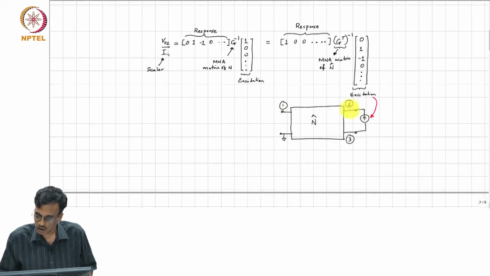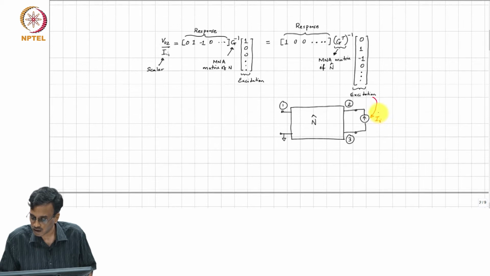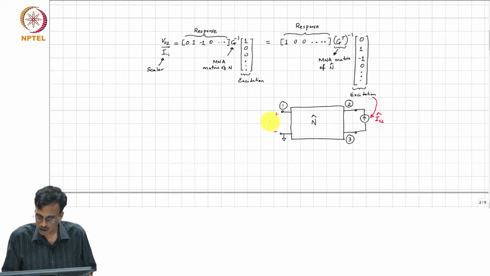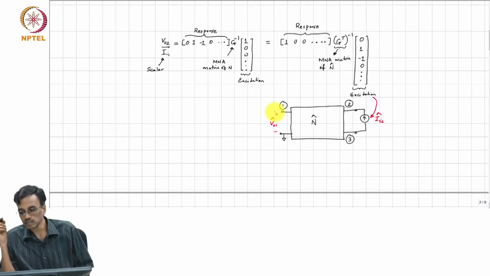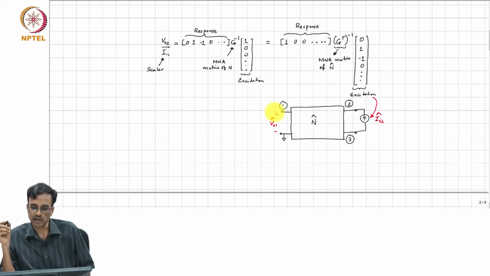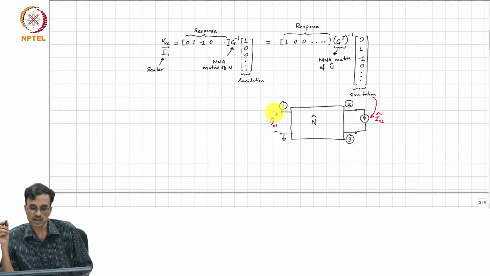So, if this is I2 hat, this is going to be VO1 hat. Okay. And what this is telling us is that we have interchanged the location of the excitation and the response, and the transfer function remains the same.